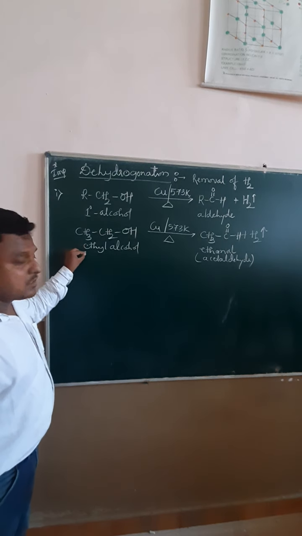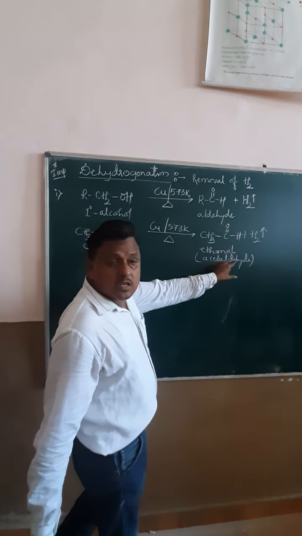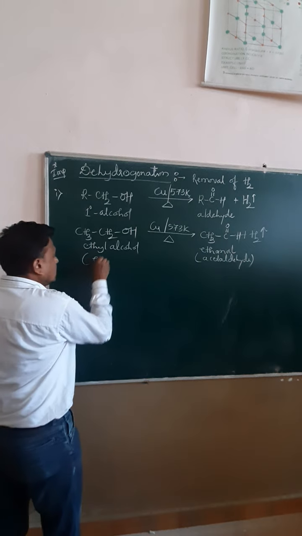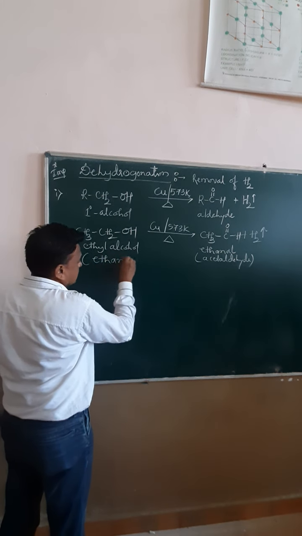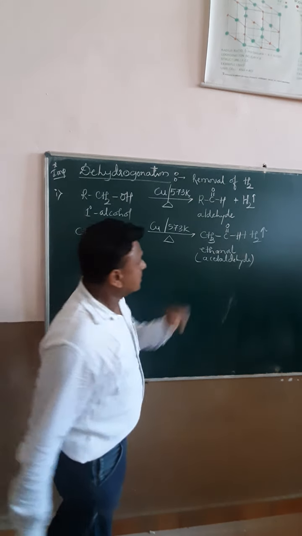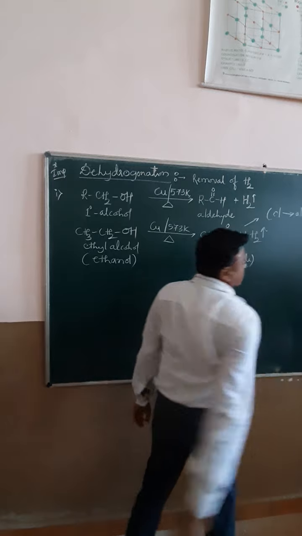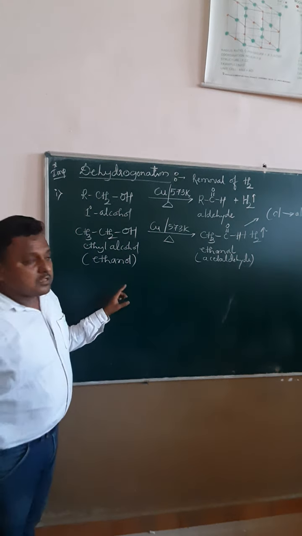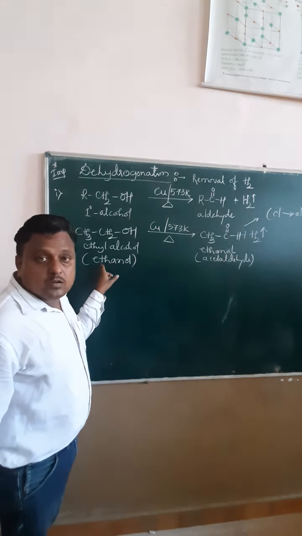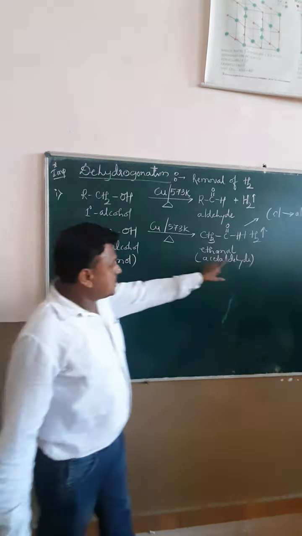Conversion of ethyl alcohol to ethanal. Many times these questions are asked: how to convert OL to AL. Yesterday we saw AL to OL, today we have OL to AL. So ethyl alcohol undergoes dehydrogenation to form ethanal.